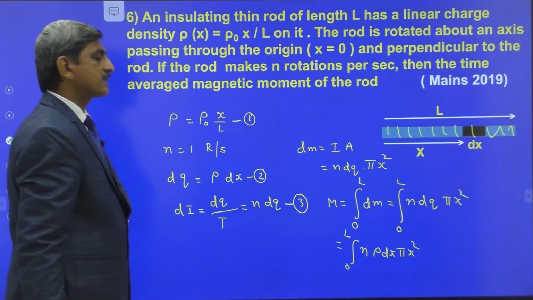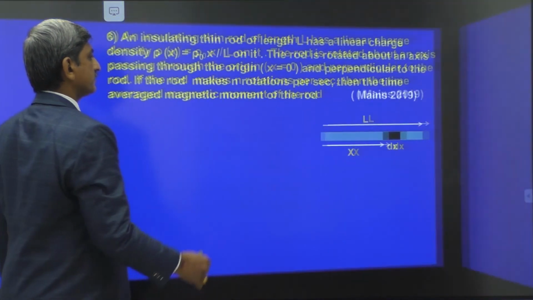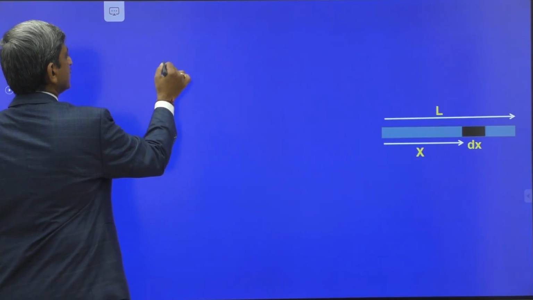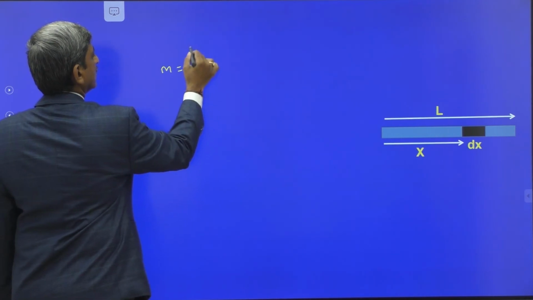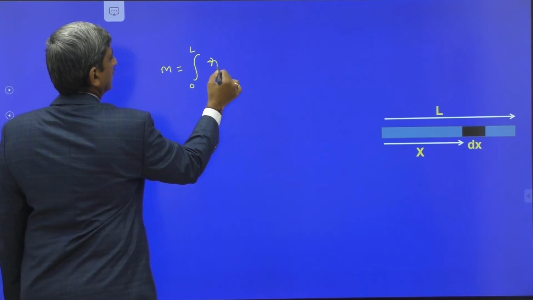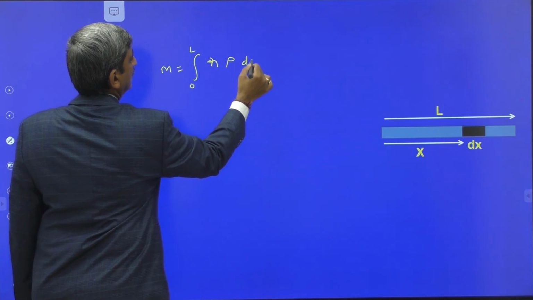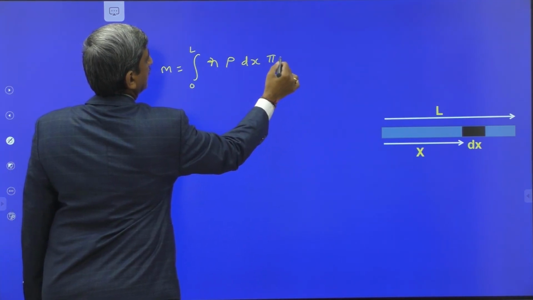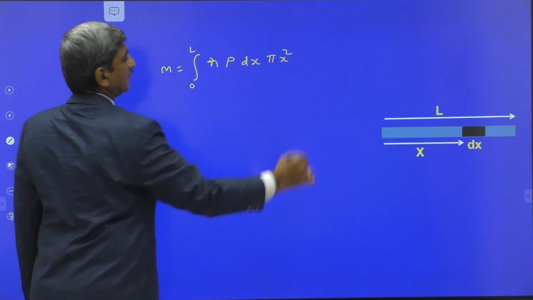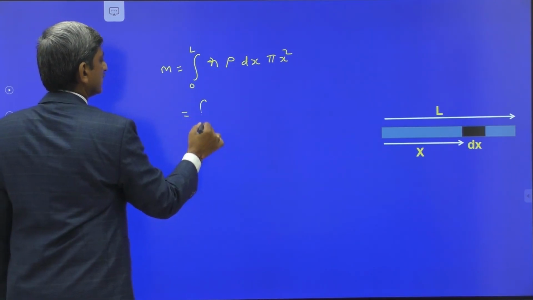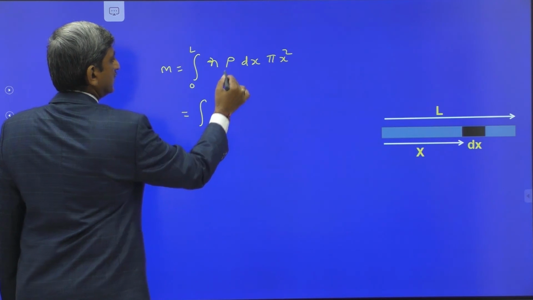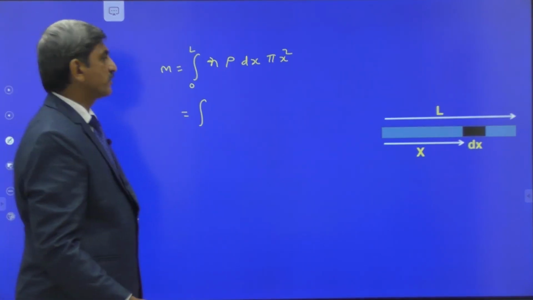So m = integral 0 to L of n rho dx pi x square. This rho is given as rho naught x by L.